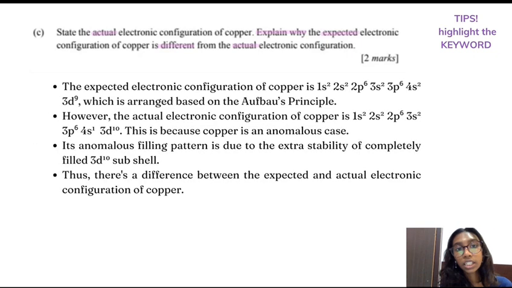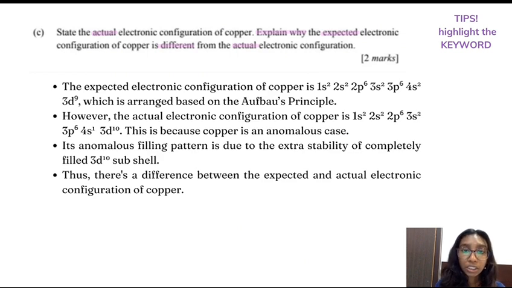The expected electronic configuration of copper is 1s2, 2s2, 2p6, 3s2, 3p6, 4s2, and 3d9, which is arranged based on the Aufbau principle. So based on the Aufbau principle, this is how you will arrange. So this is what is expected. However, the actual electronic configuration of copper is 1s2, 2s2, 2p6, 3s2, 3p6, 4s1, 3d10.